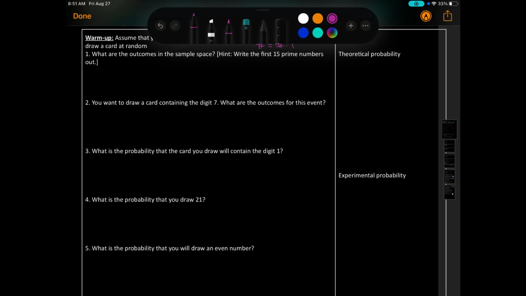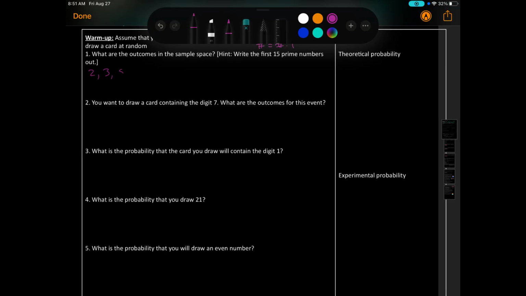Number 1, what are the outcomes in the sample space? The hint is to write the first 15 prime numbers out. The first 15 prime numbers are, it's not 1, so you have 2, 3, not 4, because 4 is 2 times 2, or 4 times 1.